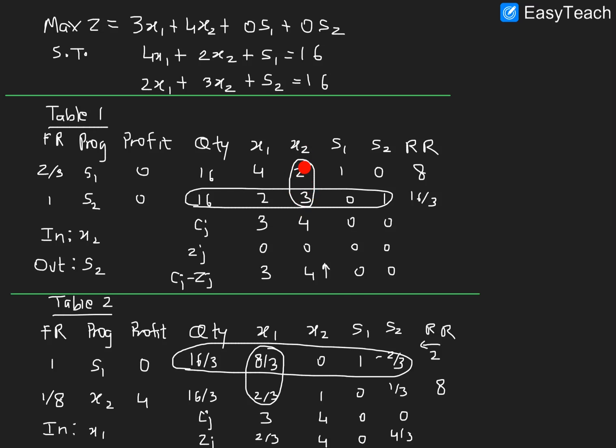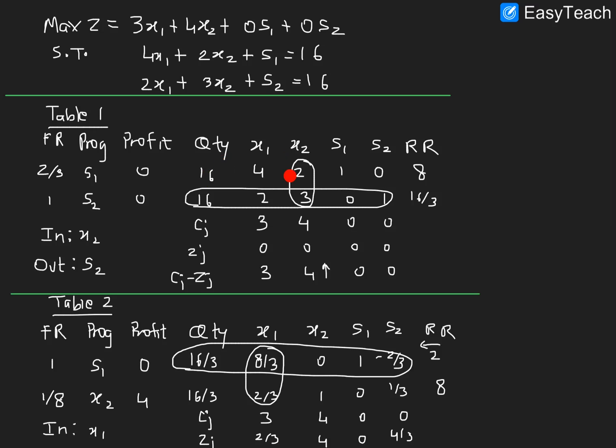Accordingly this 4 indicated that we want to produce x2, but how much quantity of x2 is to be produced was calculated using the replacement ratio. We know the replacement ratio was simply quantity divided by this, because we had 16 kgs of raw material, and each unit of x2 required 2 kgs of raw material.